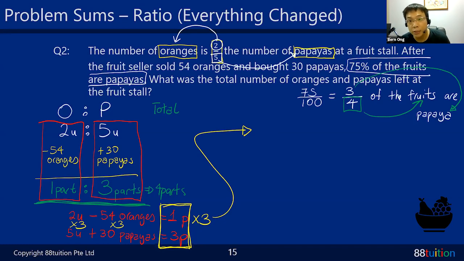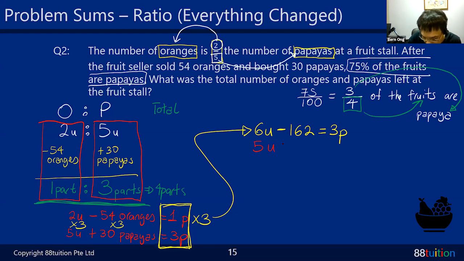So 2 units times 3 is 6 units here. The minus is still down there. 54 times 3, I use my mental sum. 162. Minus 162 is equal to what? 1 part times 3 is 3 parts. Then the next one, the 5 units plus 30, that one don't have to change.